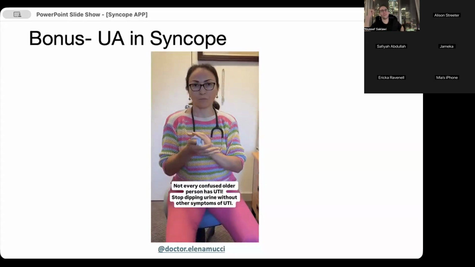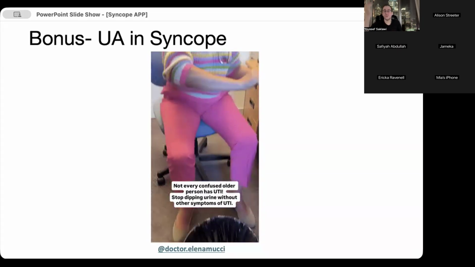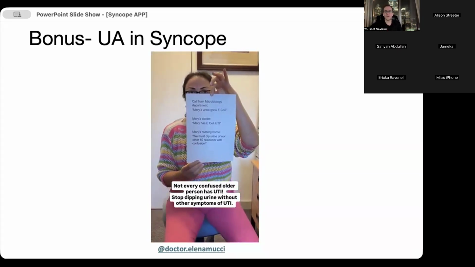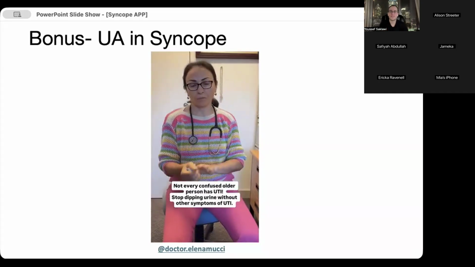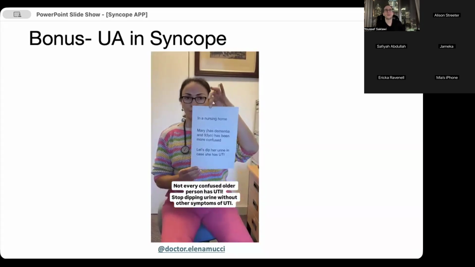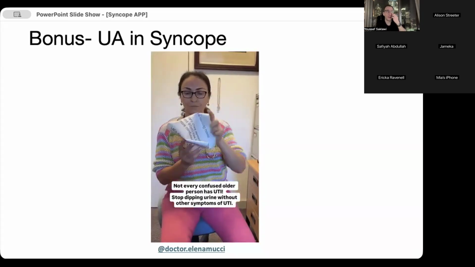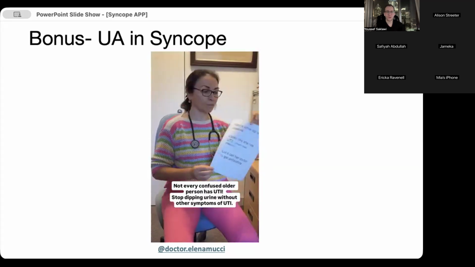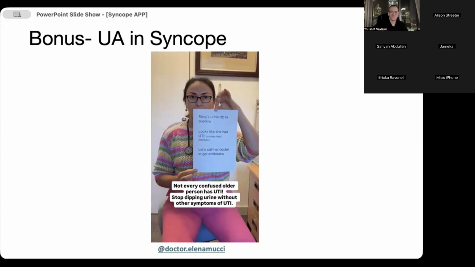You're not going to just have a urine infection and then have syncope. You might be delirious because of a disseminated infection, but usually if they don't have suprapubic tenderness, if they don't have dysuria, even if they're confused, I just check for suprapubic tenderness. And if they don't have that, then there's really no reason to check a UA. And the influencer here is throwing the UAs in the trash.